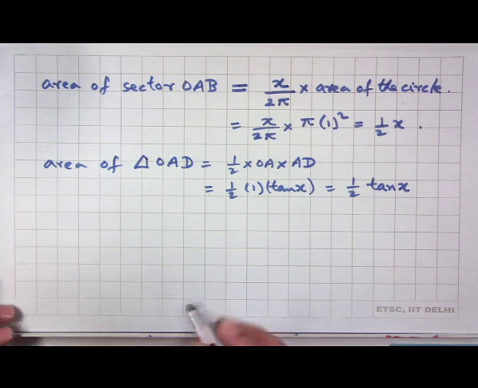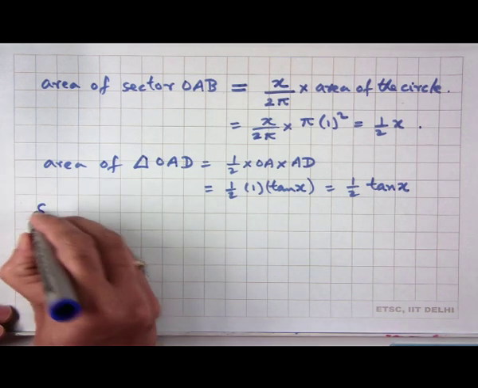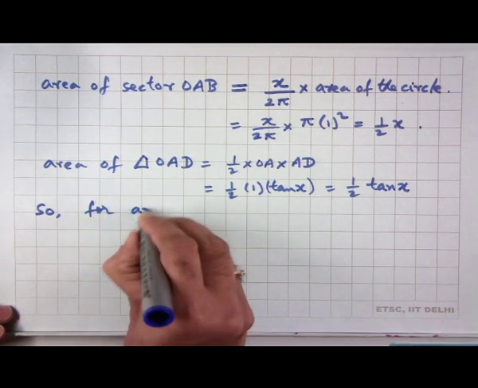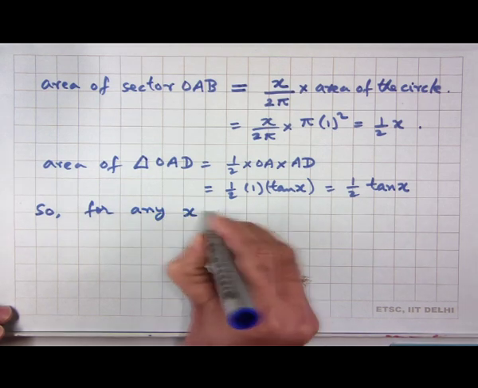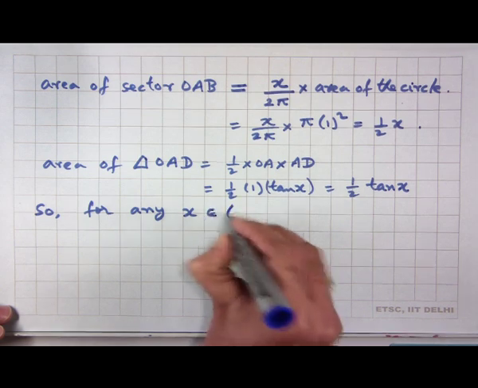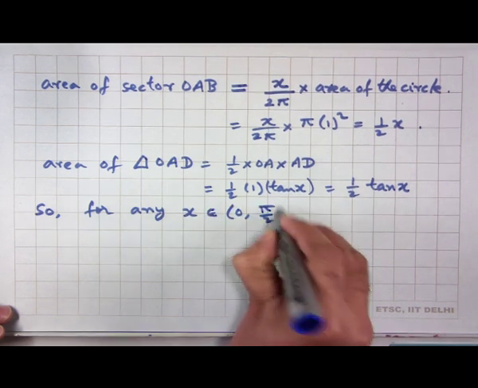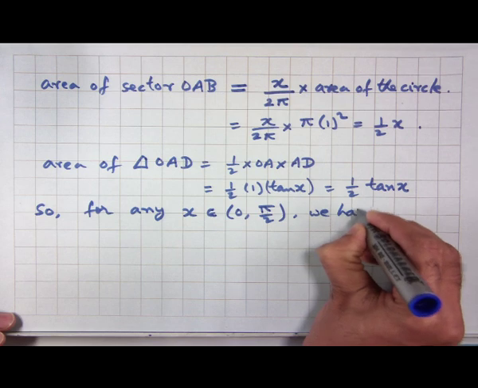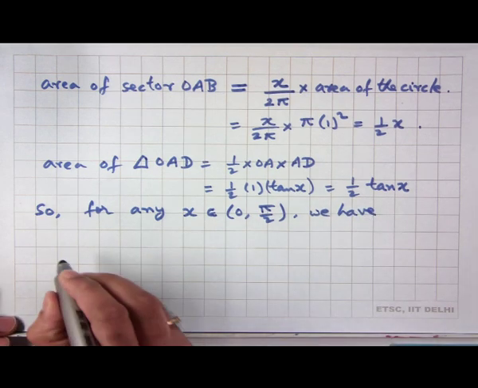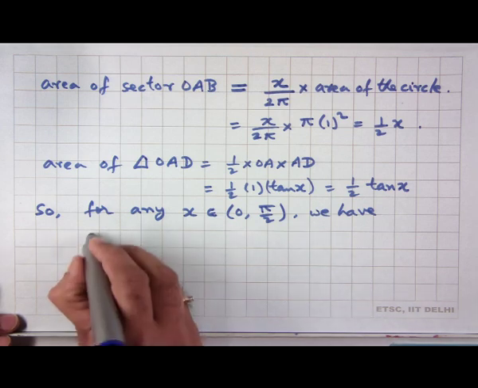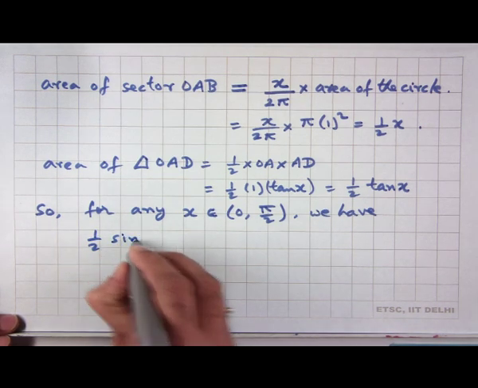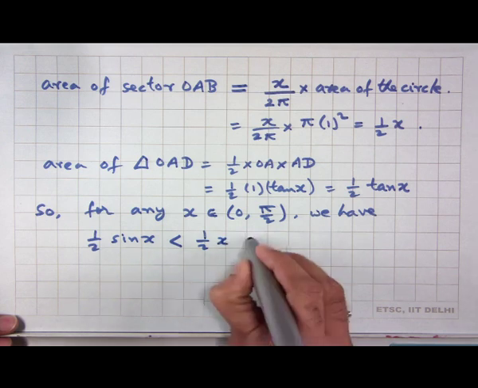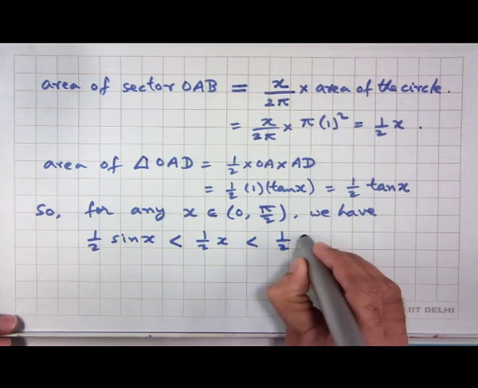So, what we get is that for any x between 0 to pi by 2, we have that area of triangle OAB is half sin x, which is less than area of the sector, which is half x, which is less than half times tan x.